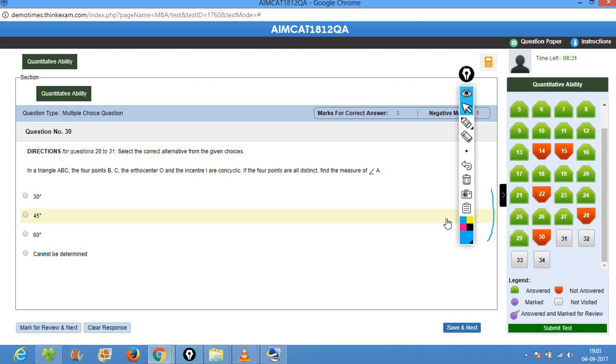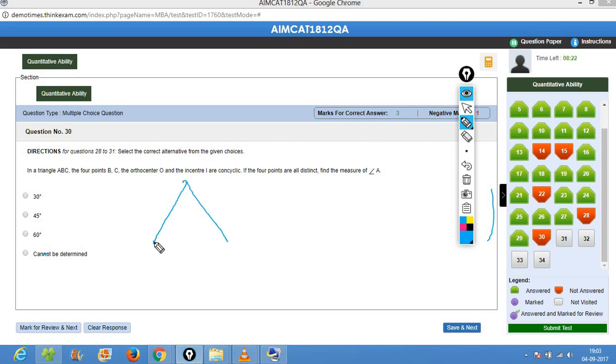And triangle ABC. All the 4 points are cyclic. So for the 4 points B, C, the orthocenter O and incenter I are cyclic.